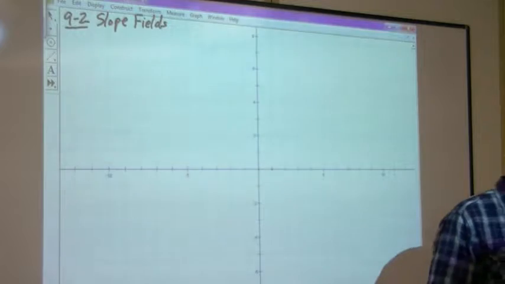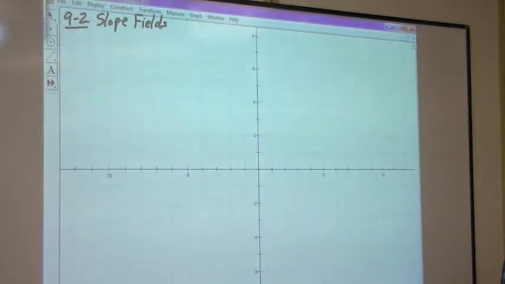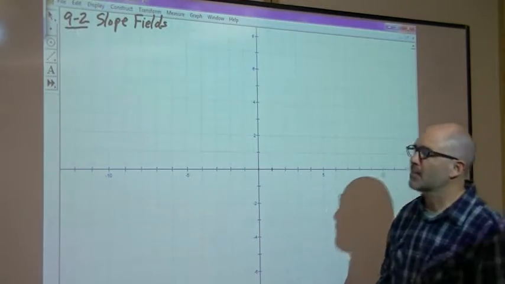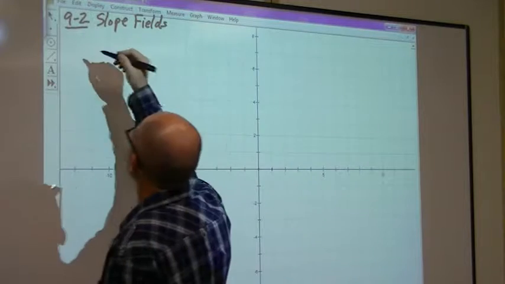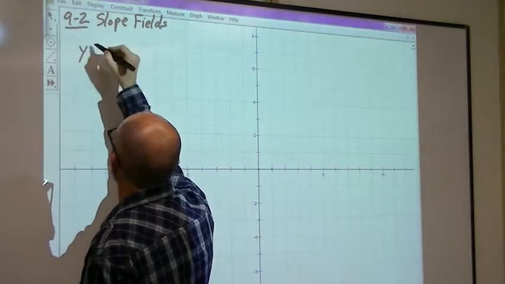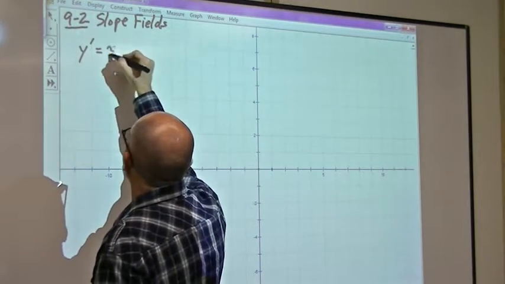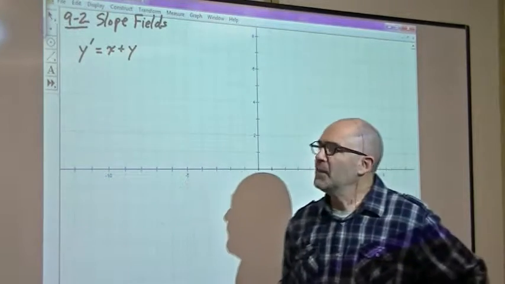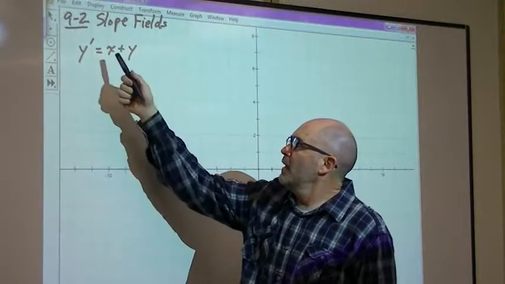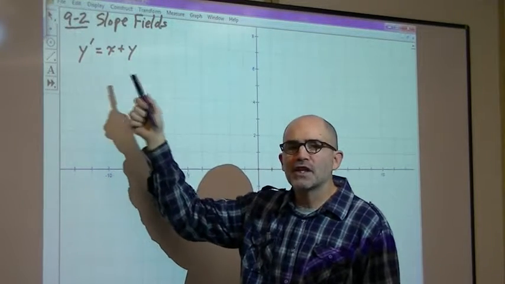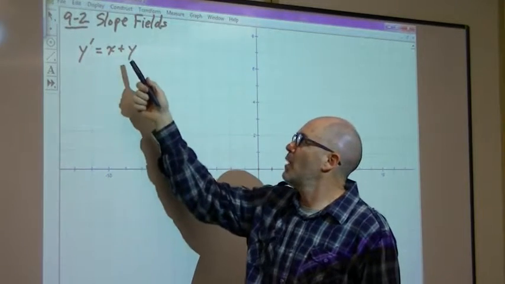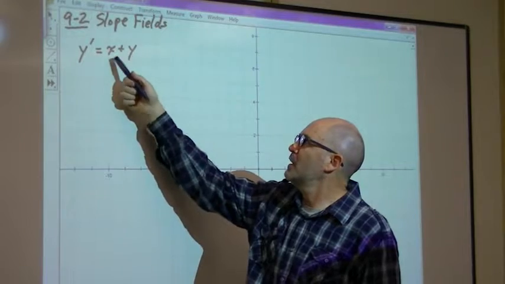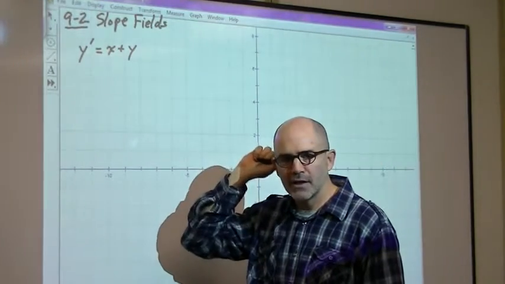So, let's try the differential equation y prime equals x plus y. What this is saying is the slope of the function at any point is going to be the sum of the x and y values.